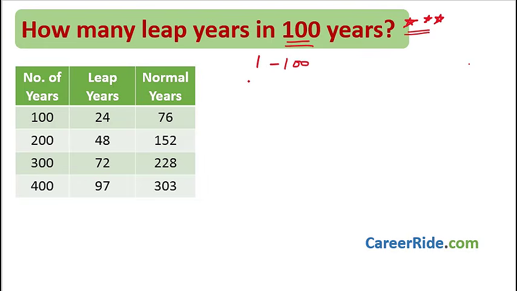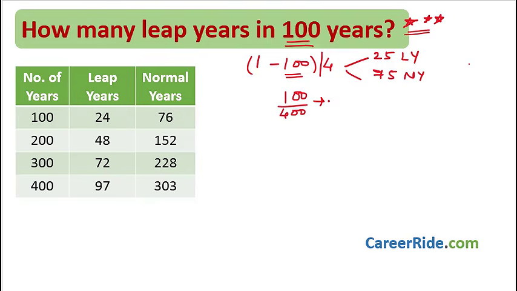Now, by the fact that a leap year falls every 4 years, we should be dividing it by 4. And this should give us 25 leap years and 75 normal years, right? But just pay attention. Consider this last 100th year. What happens here? This 100th year is a century year. So we cannot divide it by 4. We have to divide it by 400. We just saw that, right? From here, it comes out to be that 100 is not divisible completely by 400.